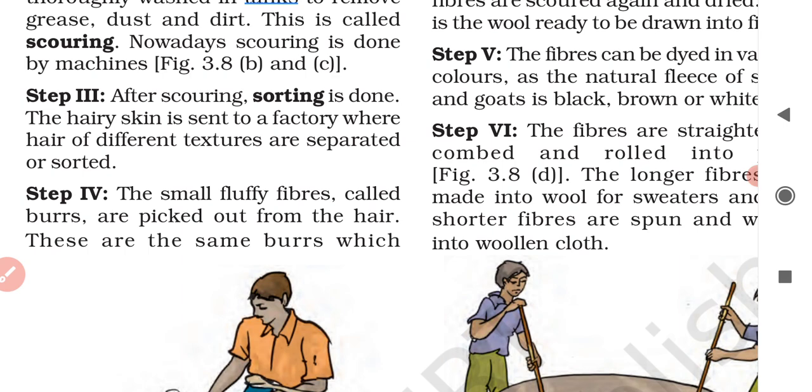The process of combing straightens the entangled woolen fibers and also removes the small fluffy fibers, which is also called as burrs, which may be caught in them.